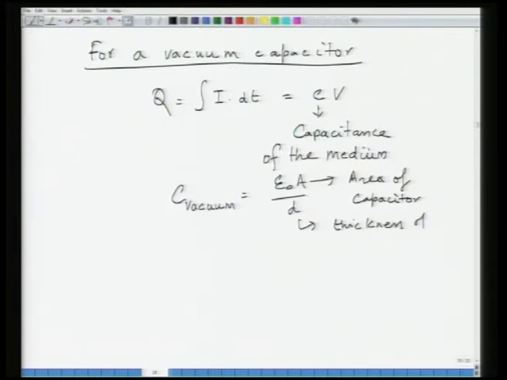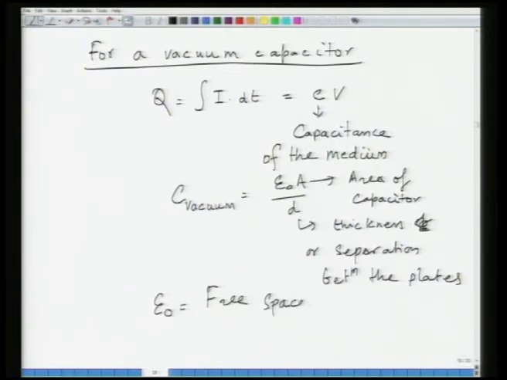thickness or separation between plates, and epsilon naught is the free space permittivity, and this is given as 8.85 into 10 to the power minus 12.